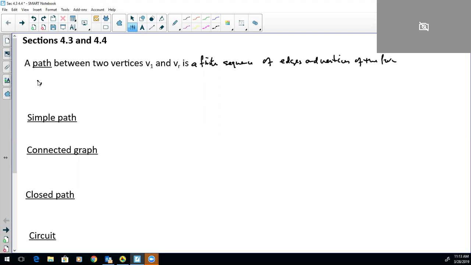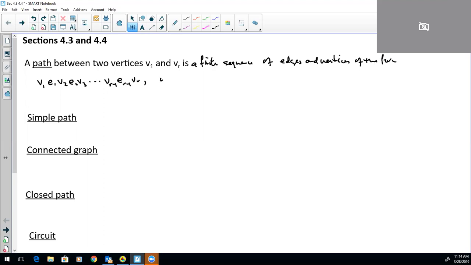Okay, so V1 is where we start. Then we have an edge 1 that takes us to V2, then an edge 2 that takes us to V3, up to we have VR minus 1, and then the edge here we're going to call R minus 1 as well, and goes up to VR.